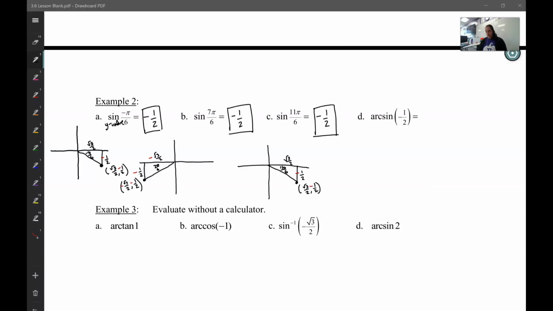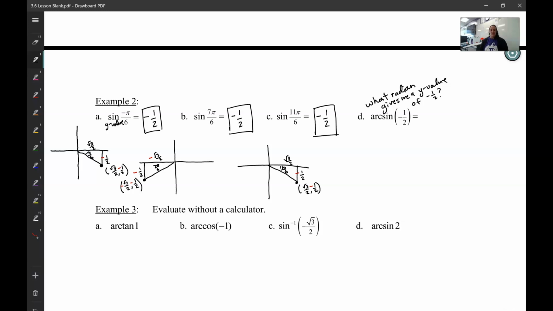Okay, you should have gotten negative 1/2 for both of them. 7 pi 6 would be right there on the unit circle, and 11 pi 6 is going to be at the same place as negative pi 6. But this is a problem, because if I look at D, I want arcsine of negative 1/2, which means what radian gives me a y value, because it's sine, of negative 1/2.